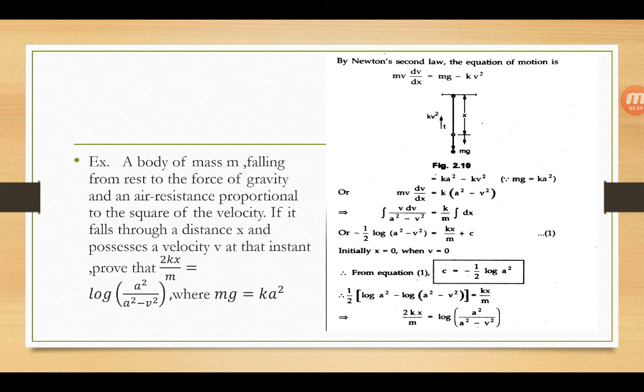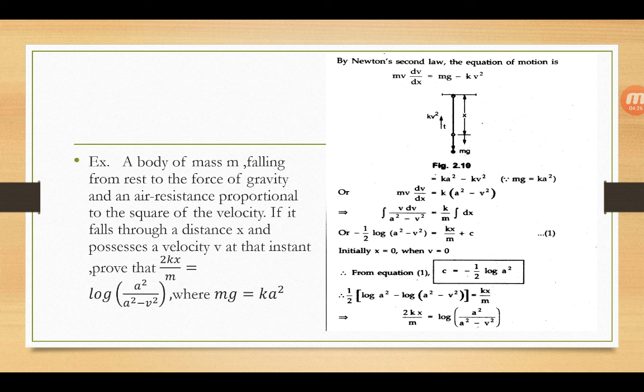Now if you look at this system, force mg acts in the downward direction, that you can say is the force due to gravity, and there is a force k into v square, as given in the information, air resistance is proportional to the square of velocity.